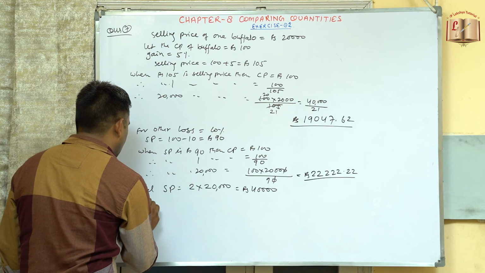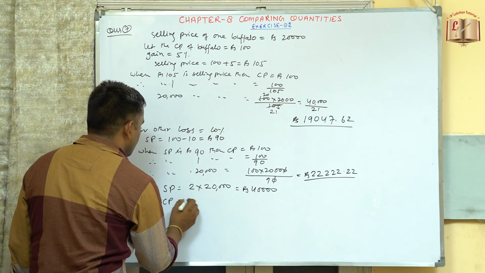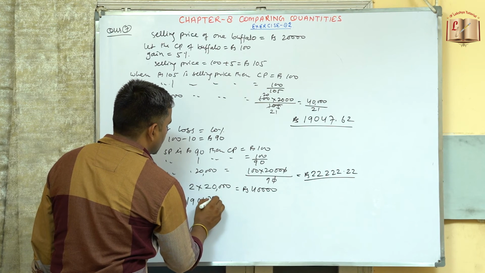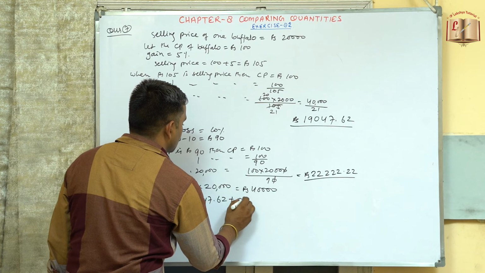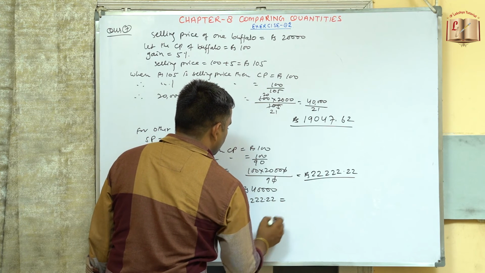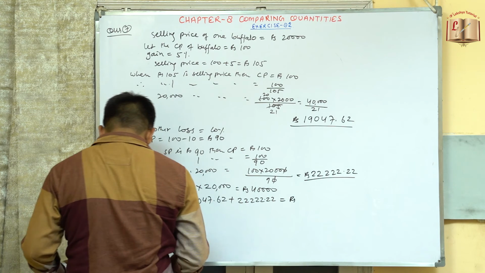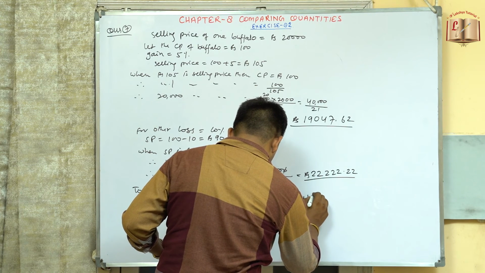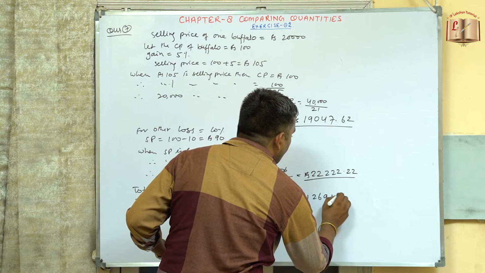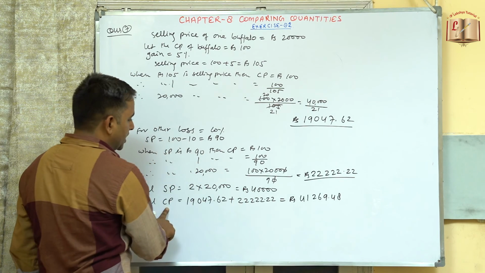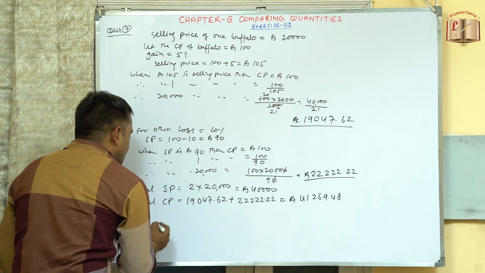And this total CP will be now 19047.62 plus 22,222.22. So on adding we will get 41,269.48 rupees. So now see that CP is more than SP.